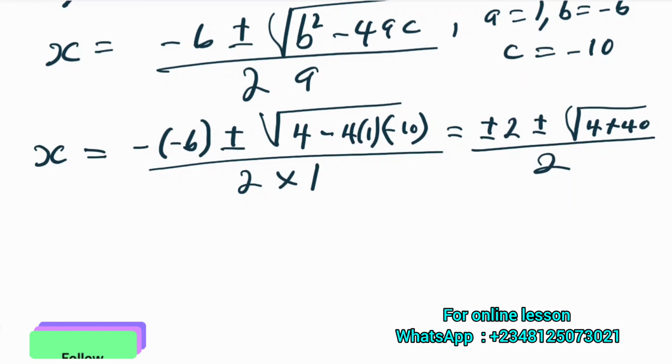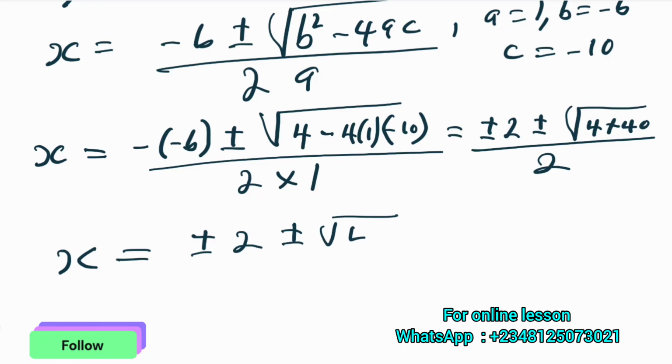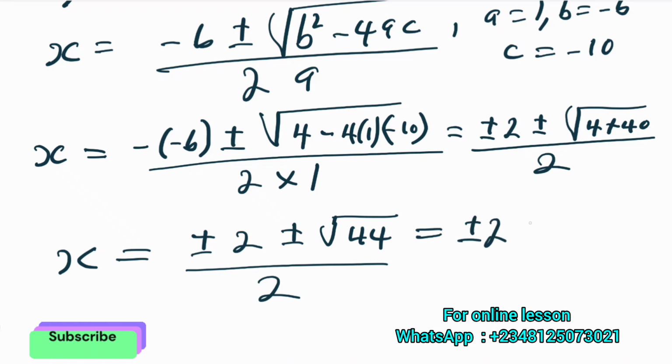So we go further by saying x equal to plus or minus 2, then plus or minus the square root of 44 all over 2. Now 44 can be broken down into 2 factors such that one of them is a perfect square and the other one could be a prime number. So it will now give us plus or minus 2 plus or minus the root of 4 times 11.